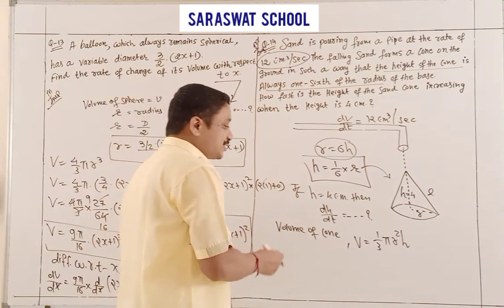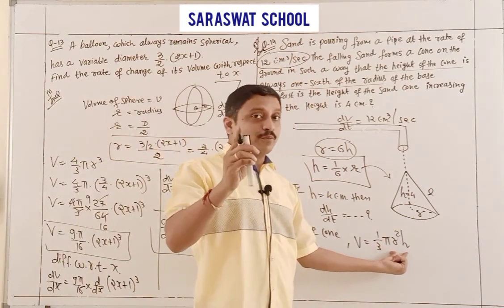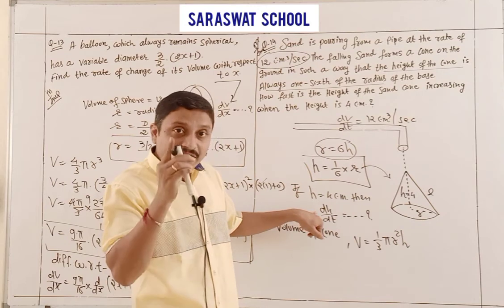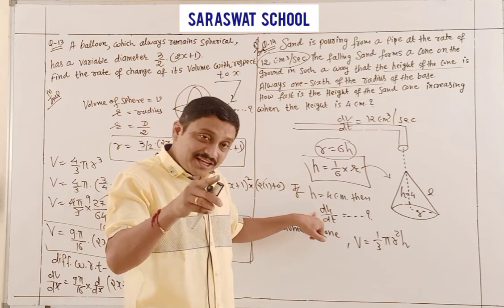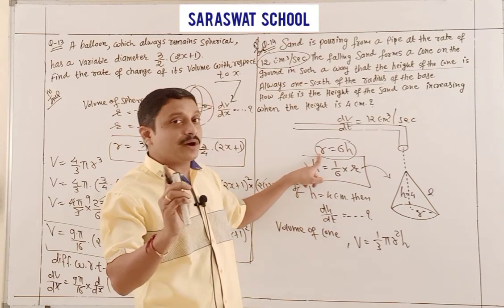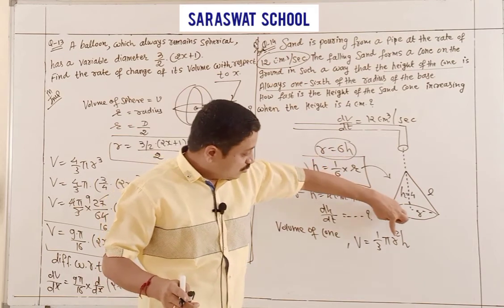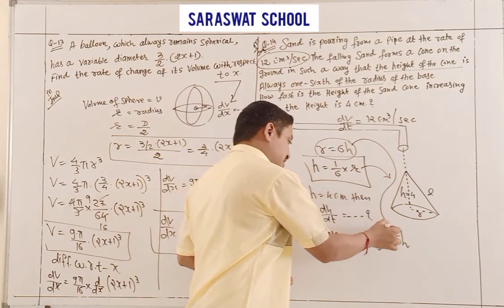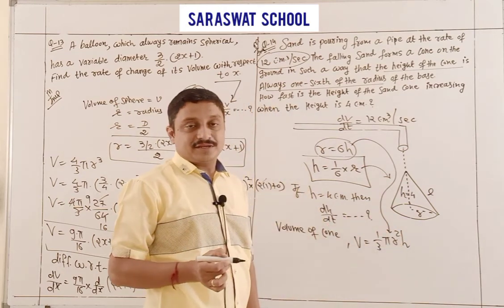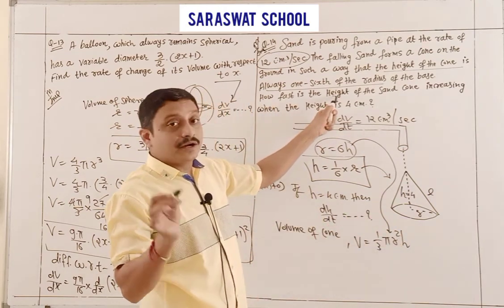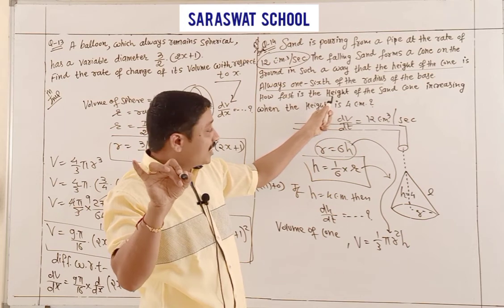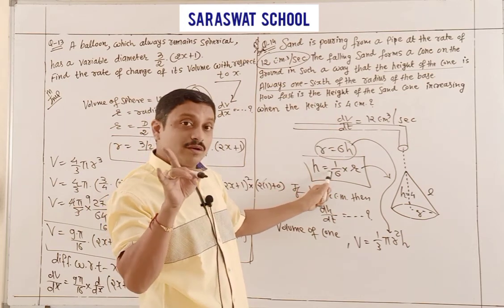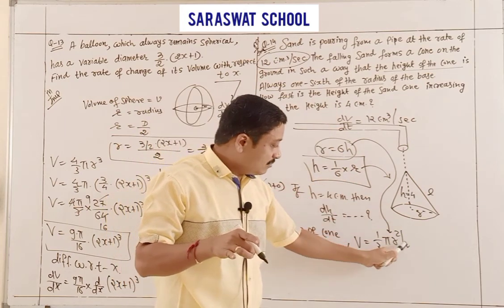Yes, and here students, main point: you want the height increasing, so radius is not required. So the radius 6h value you put down here. Sometimes if asked how the radius changes, then you apply h equals 1/6 r in place of h.